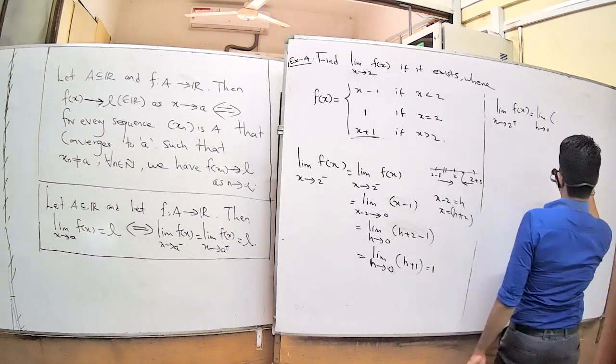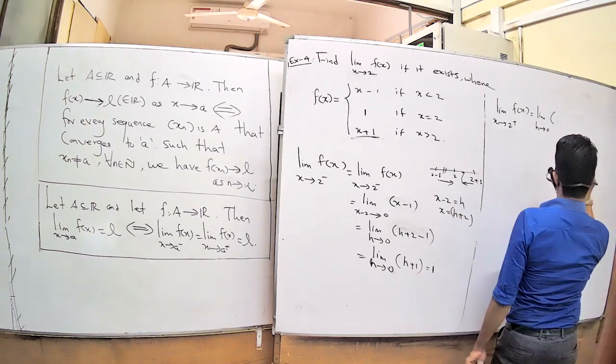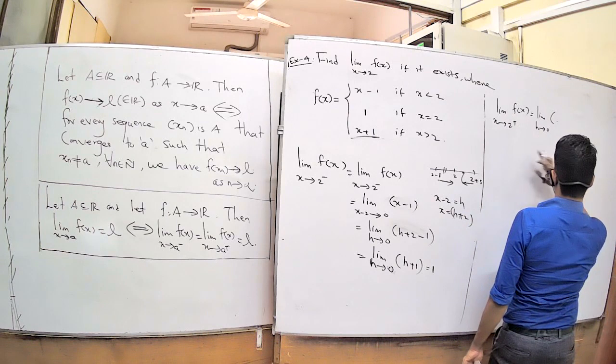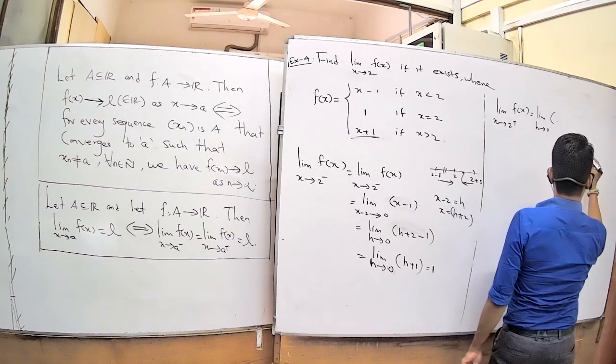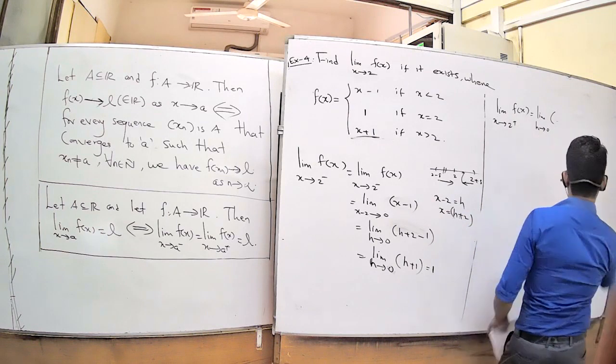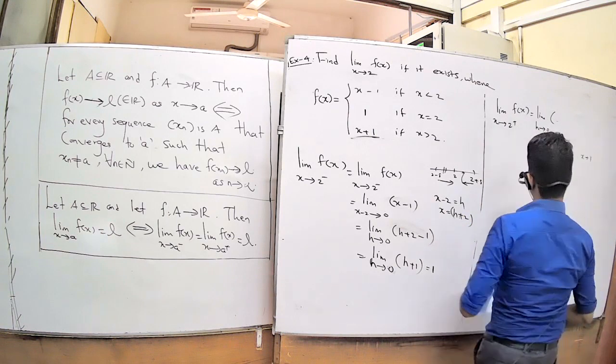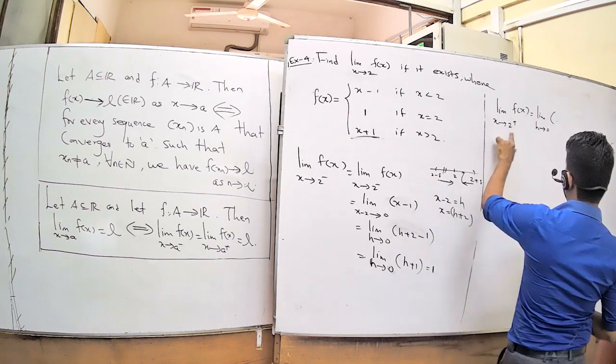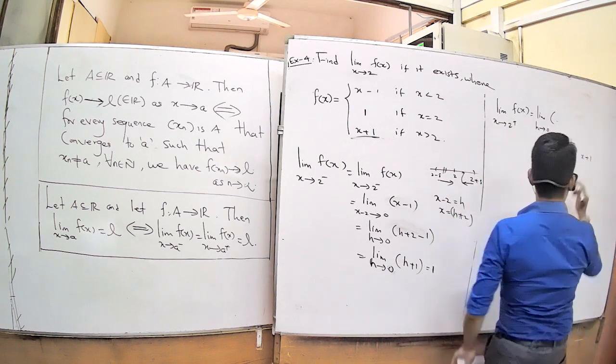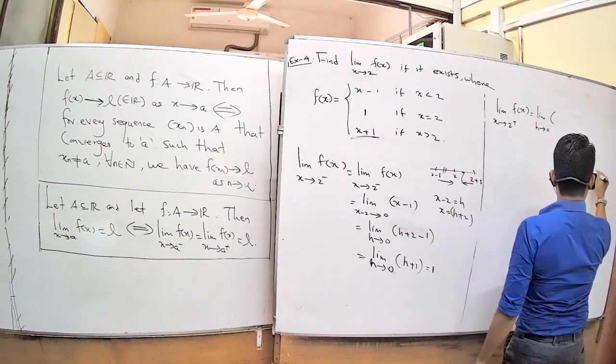Now you have x minus 2 is h. Therefore, you put x as x minus 2 plus 1.